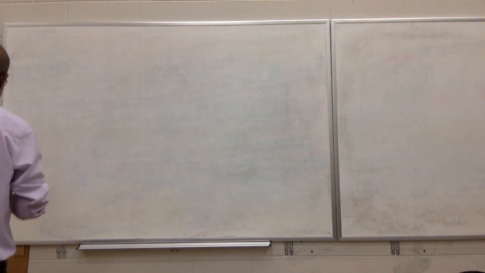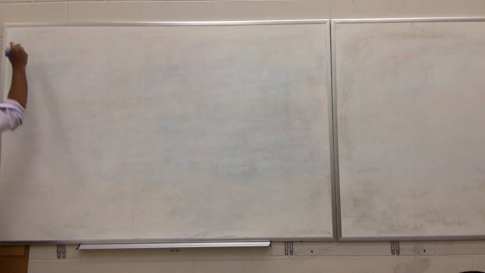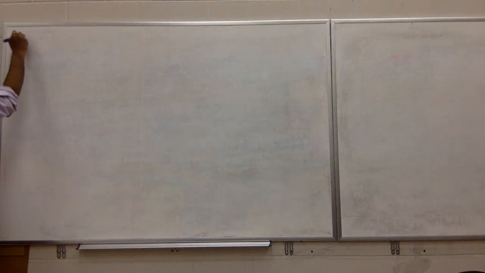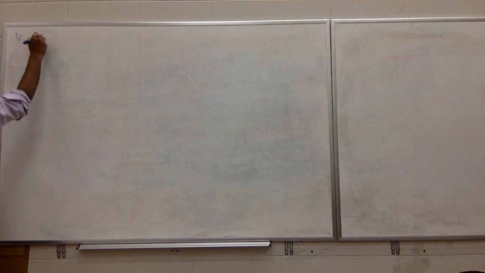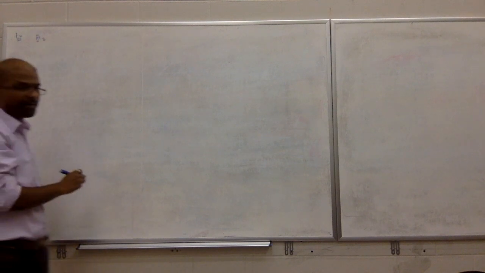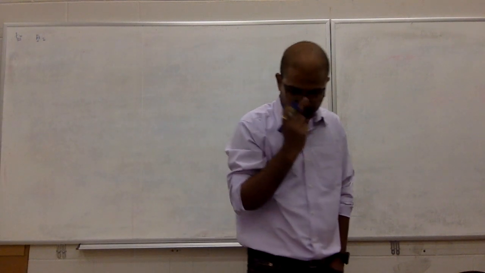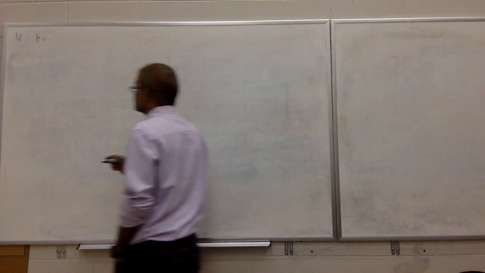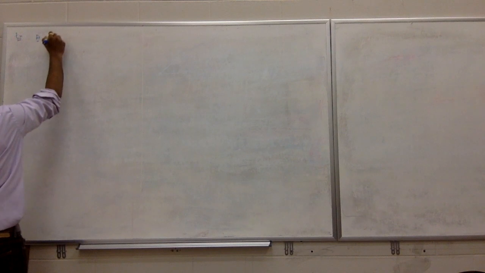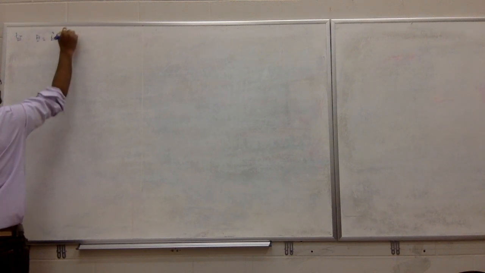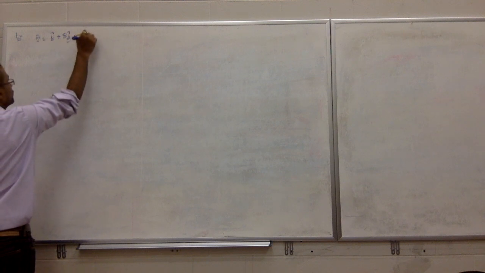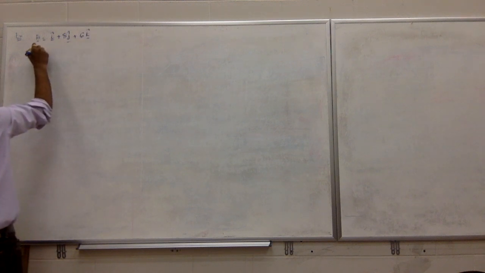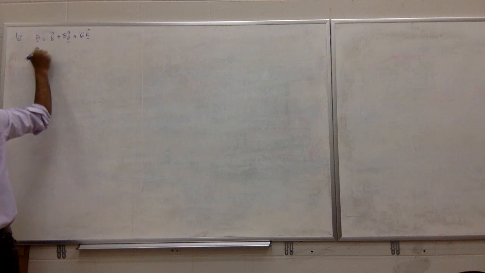Look at an example. We have a vector A equal to, and B equal to.